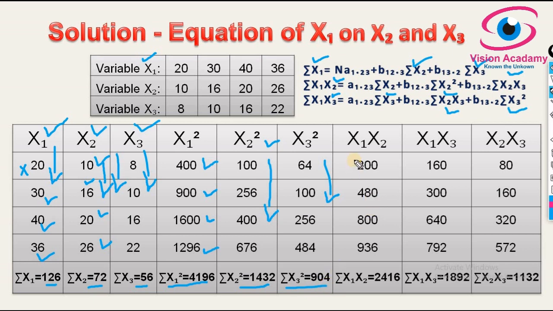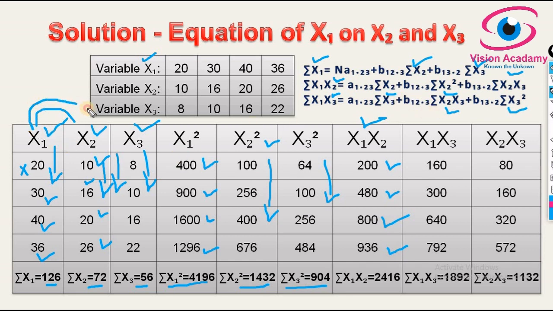Now we have to multiply the first variable with the second, that is, the dependent variable with the second independent variable. So 20 into 10 is 200, 30 into 16 is 480, 40 into 20 is 800, and 36 into 26 is 936.